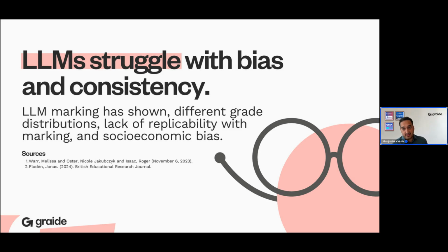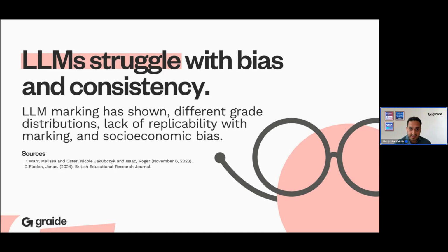So what I mean by that here is that you can plot your grades on a curve, for example, and they tend to make a particular shape. Sometimes that's a bell curve, sometimes it's skewed toward one side or the other. But when they used large language models, the result was always a bell curve, regardless of the underlying data. So there's quite a significant concern there about replicability. But for me, the thing that really was quite scary is the fact that these systems showed socioeconomic bias.